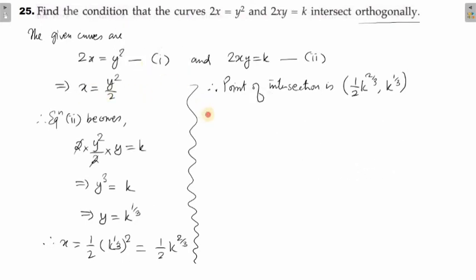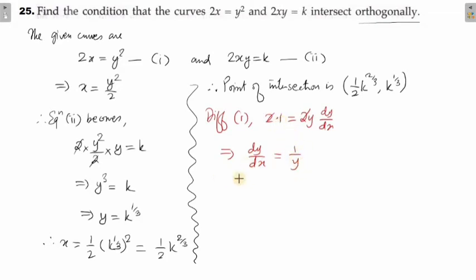Okay, so let's differentiate 1. Differentiating 1 with respect to x, remember, so this is 2 into 1 is equals to, derivative of y square becomes 2y dy by dx. So 2 gets cancelled. So from here you get dy by dx equals to 1 by y.